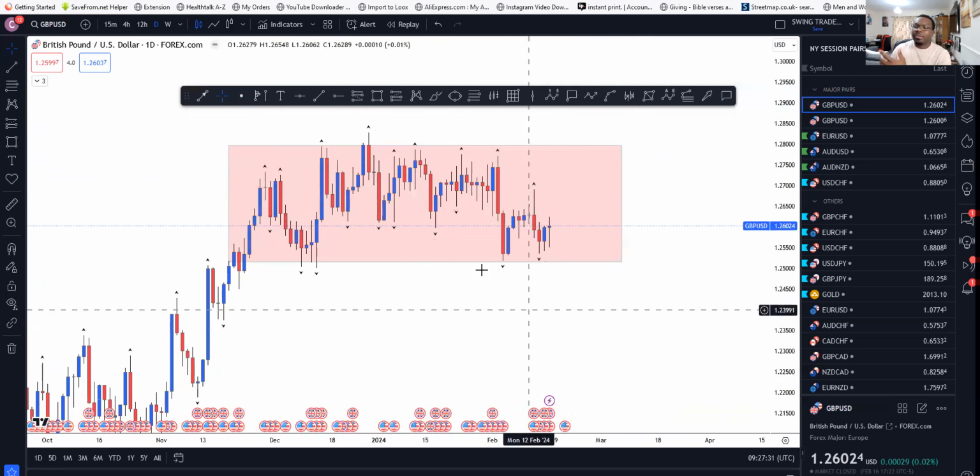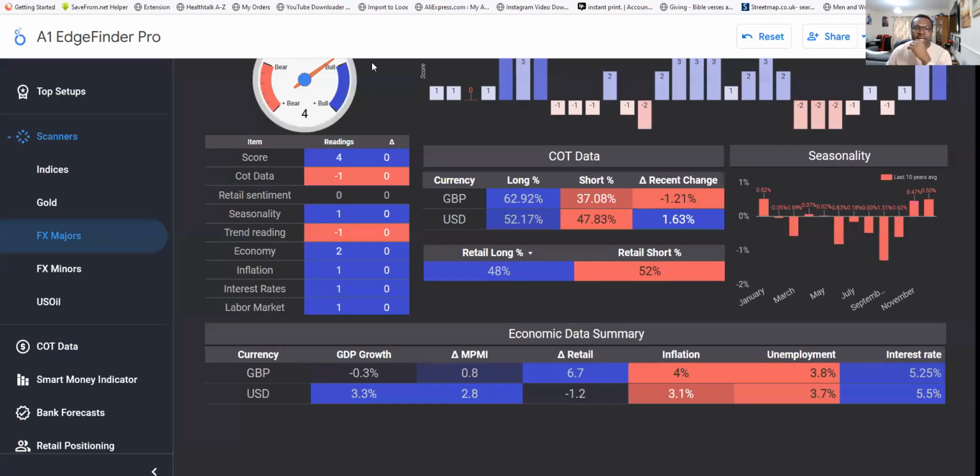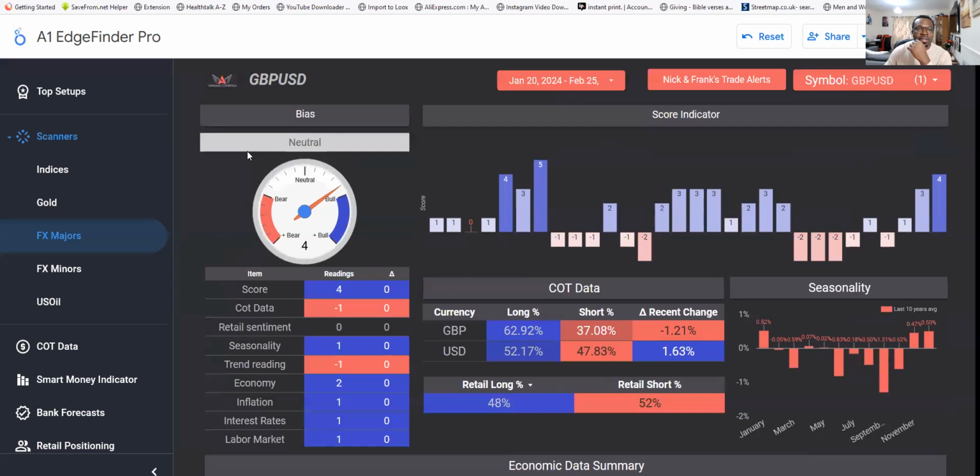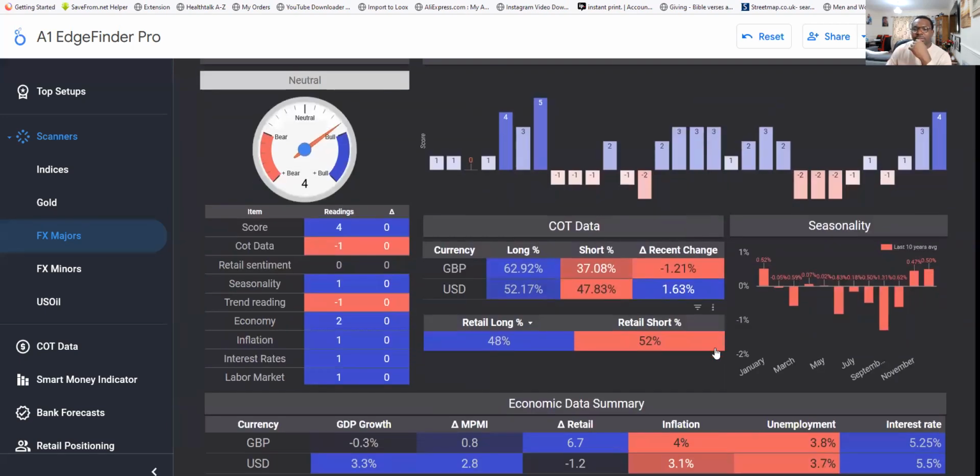Now, additional information is, if I check my edge finder, I see that the market on GU is still in a low bias. You can see it's still very neutral. It's not really giving us opportunity. As you can see, the retail sentiment based on the buyers and the sellers, it's like they are at war with each other right now. We can have 48, 52, which is obviously a no-go area.